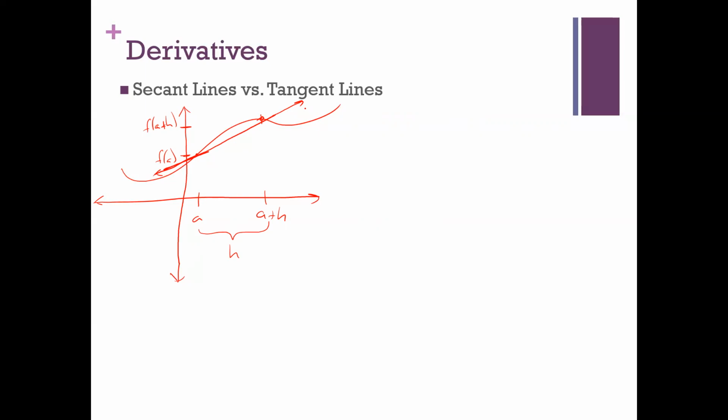But now what I really want is, here's my goal: find the slope of the curve at x equals a. Not between a and a plus h, but just where x equals a.